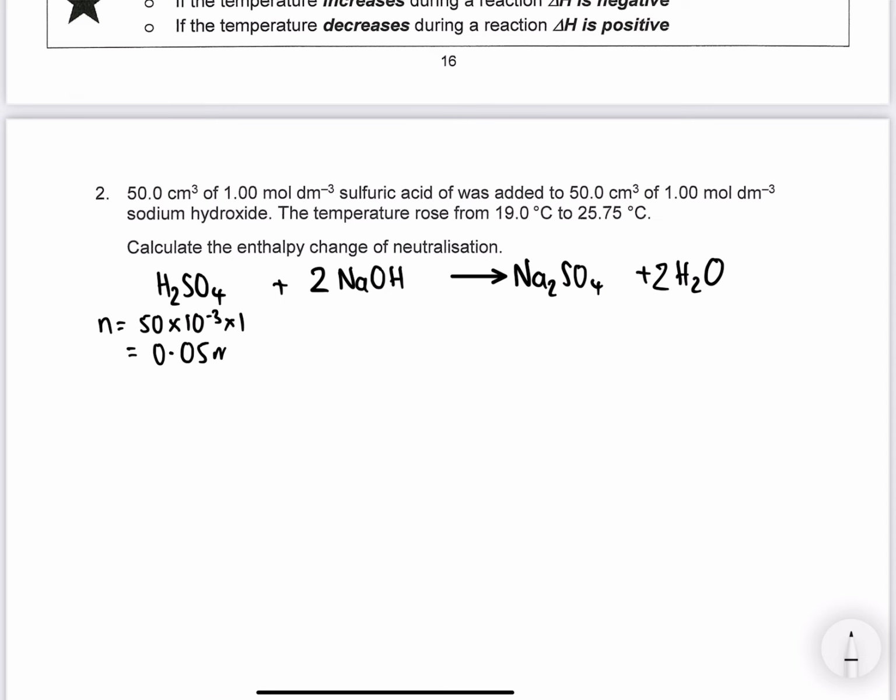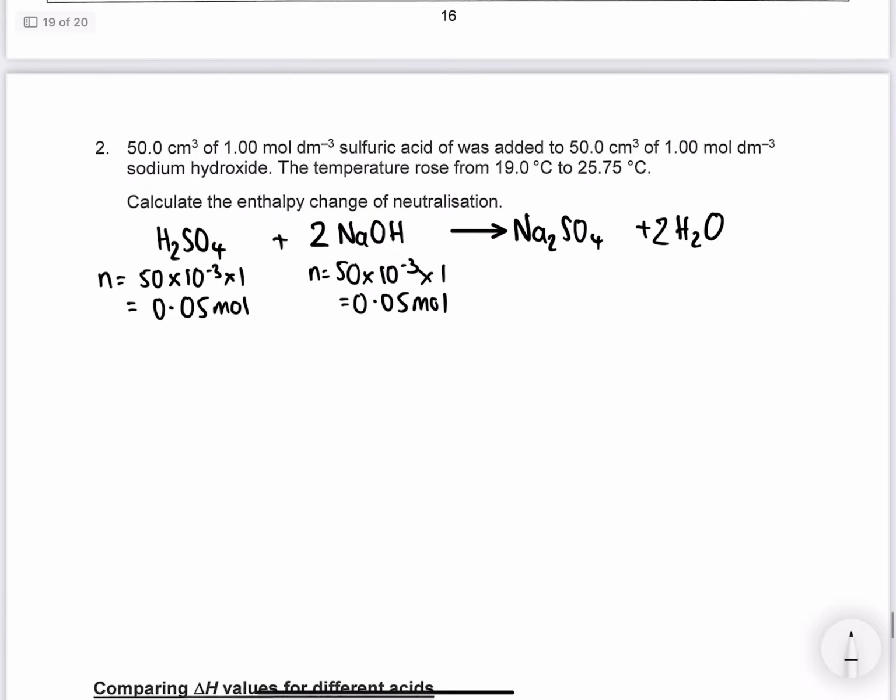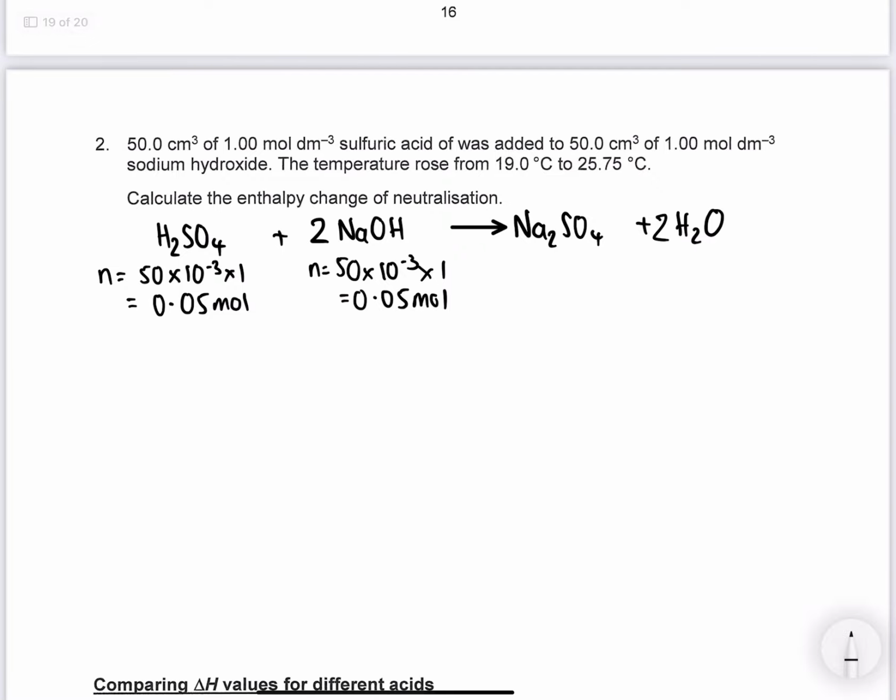So I've got 0.05 moles of sulfuric acid, and I've got 50 times 10 to the minus 3 times 1, 0.05 moles of sodium hydroxide. But the ratio is 1 to 2.